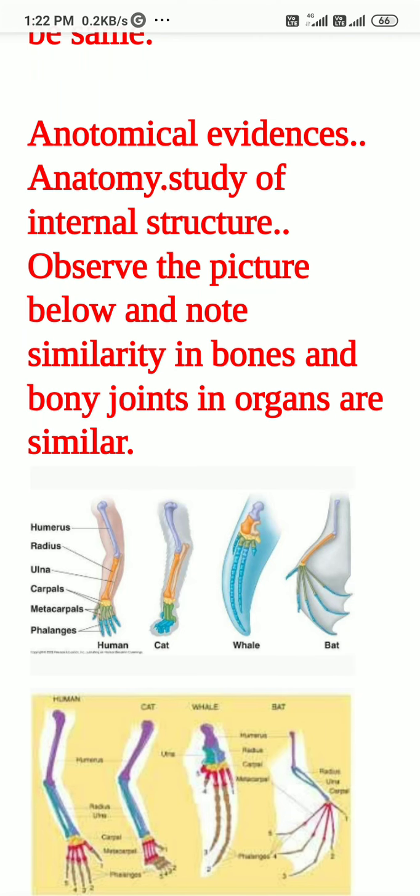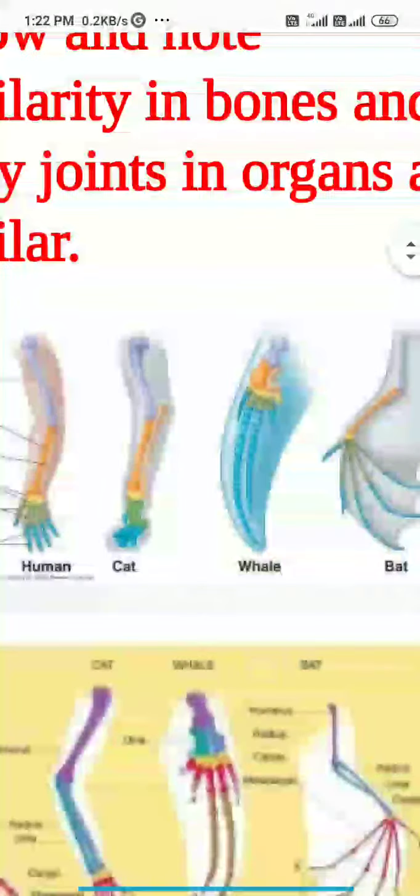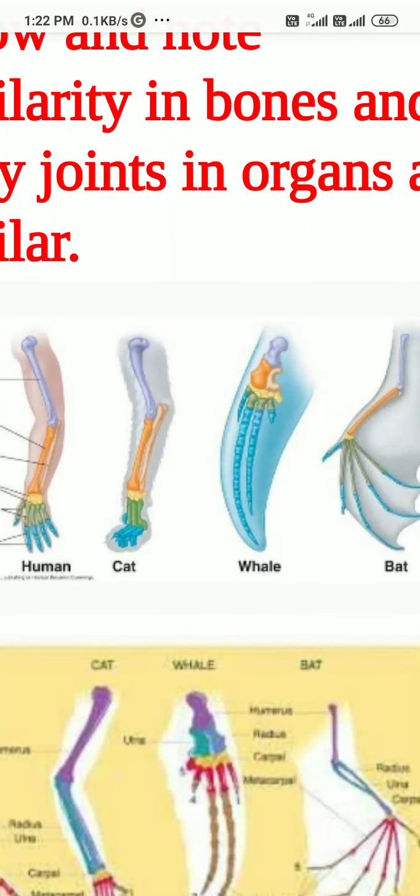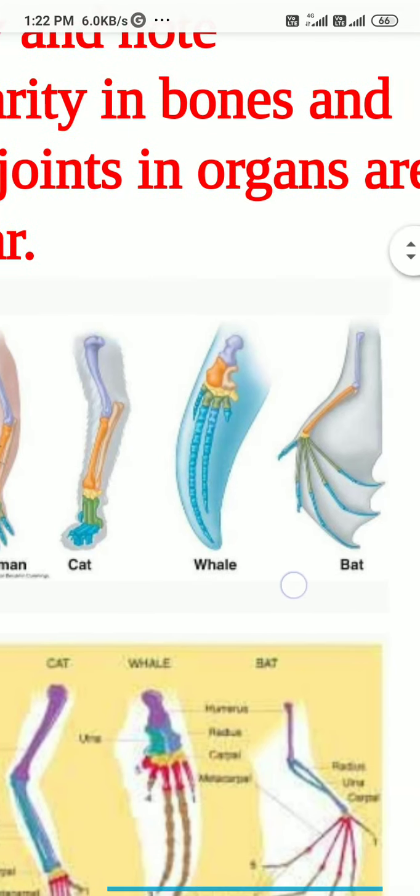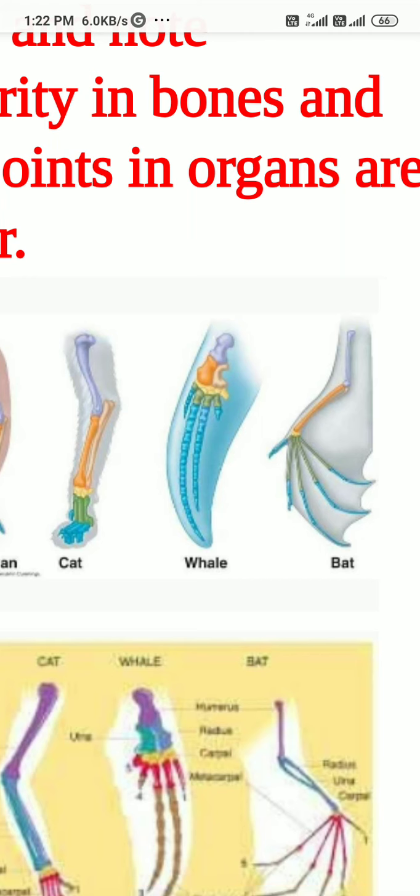So when we observe this upper figure, this is a human hand, a cat's forelimb, this is a whale's flipper, and this is a bat's wing that can fly.